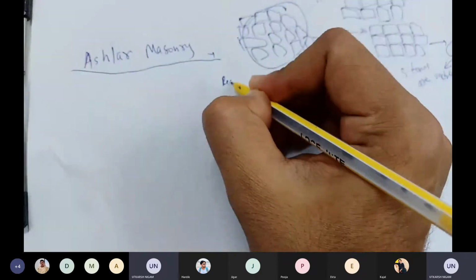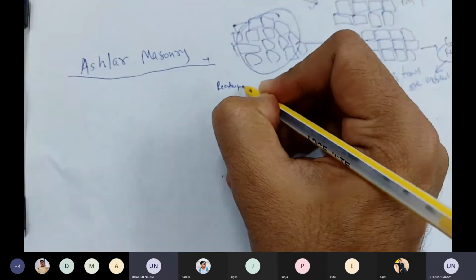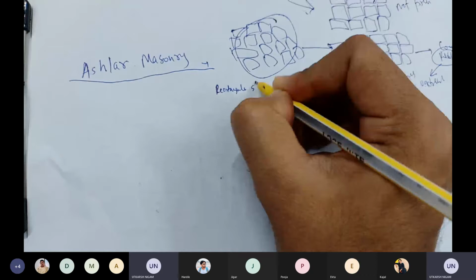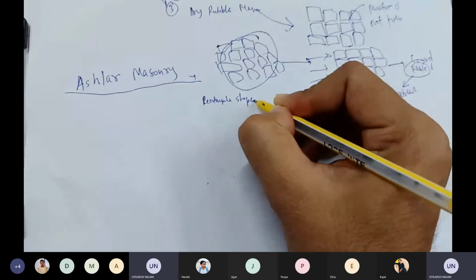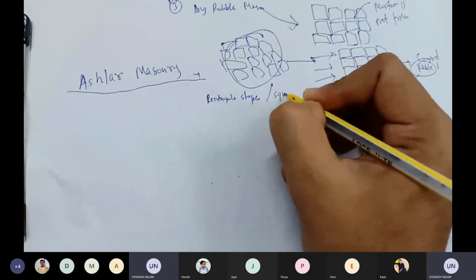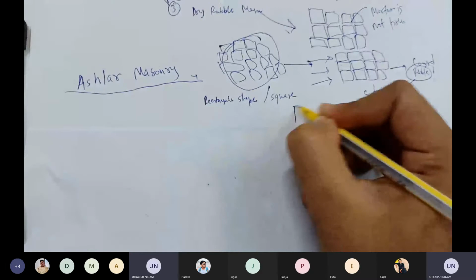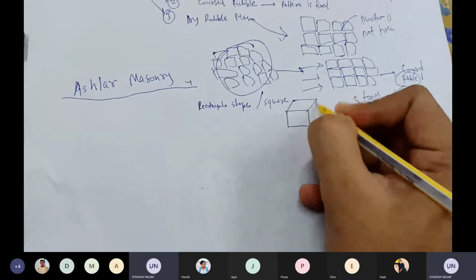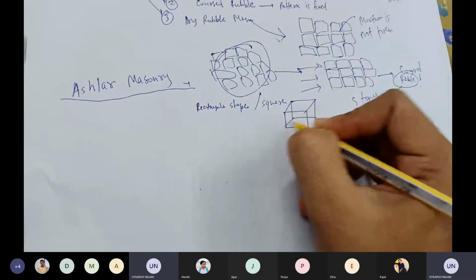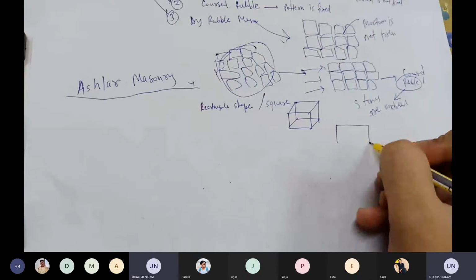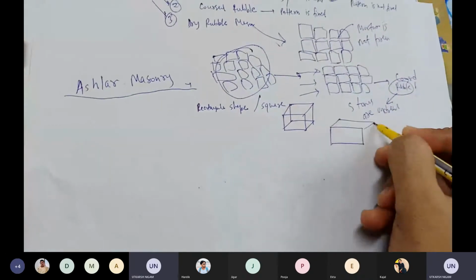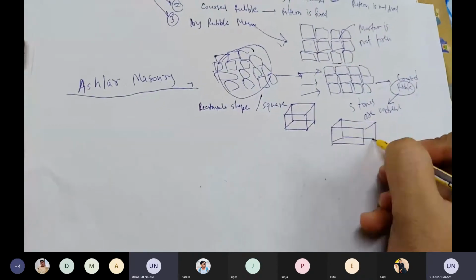A perfect shape is being observed. It may be square or rectangular, and it is perfectly dressed.